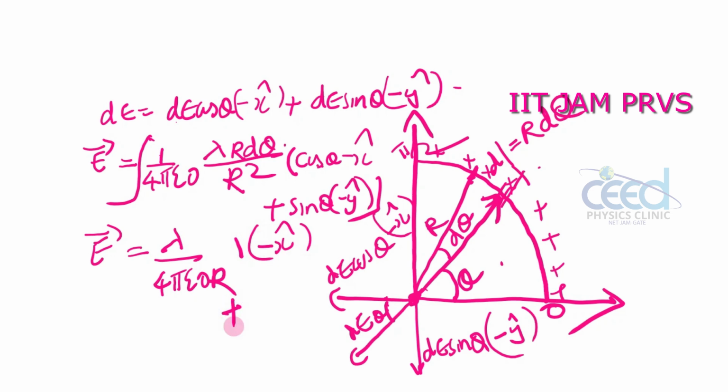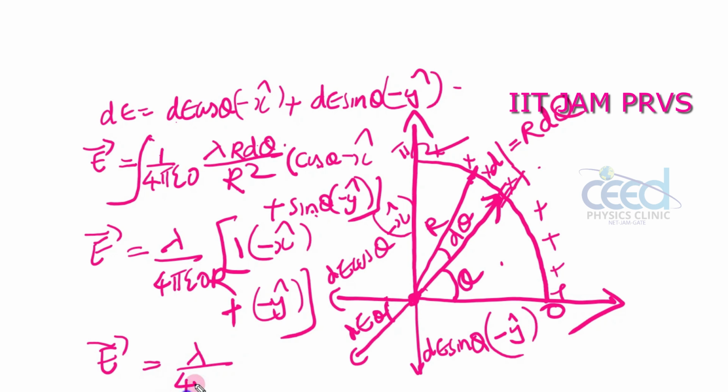Plus, again lambda by 4 pi epsilon 0 is common, and here sin theta d theta integrates to minus cos theta from 0 to pi by 2, again 1, but here minus y cap. So finally E is lambda by 4 pi epsilon 0 r times minus x cap minus y cap.